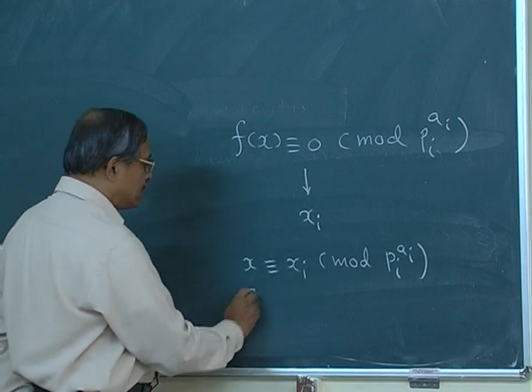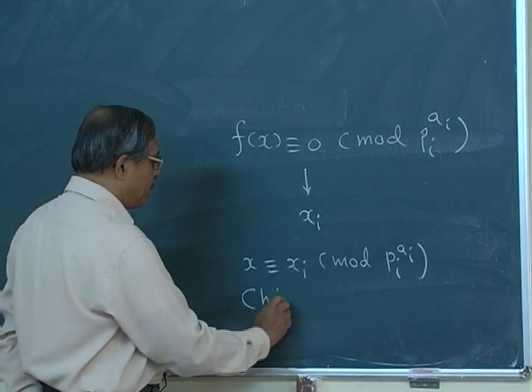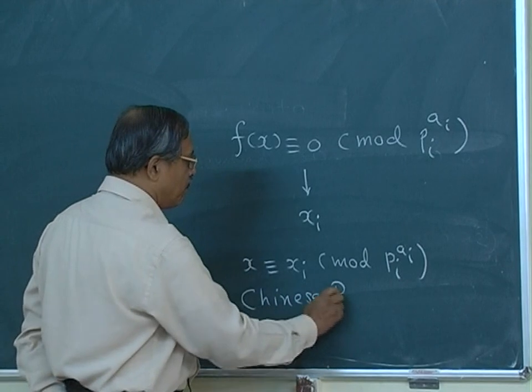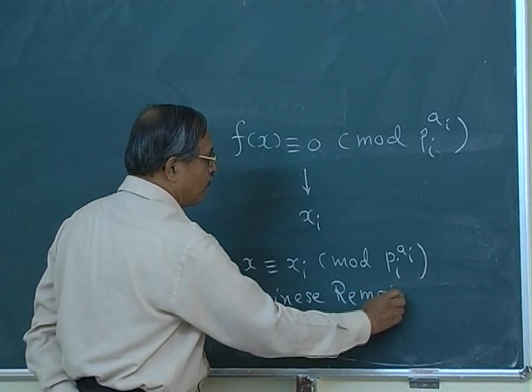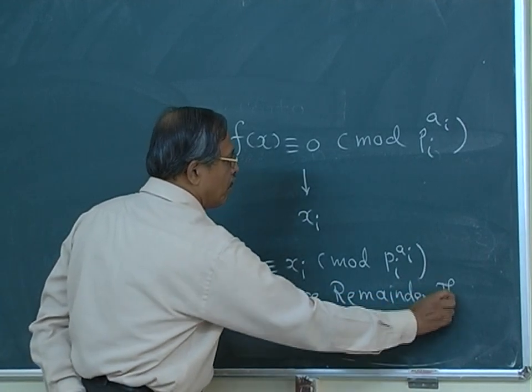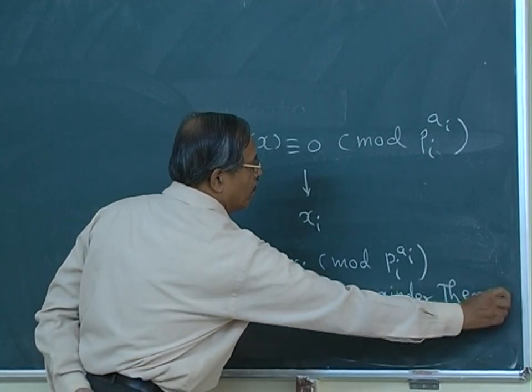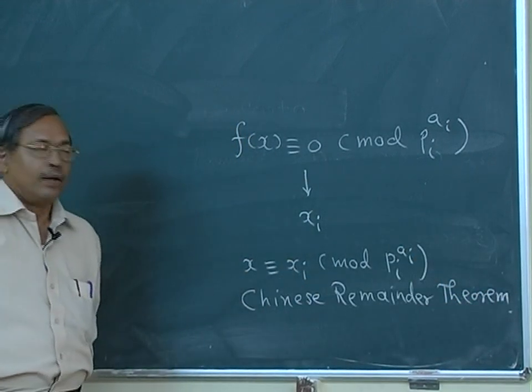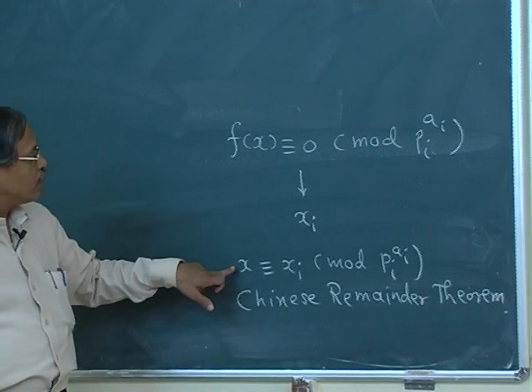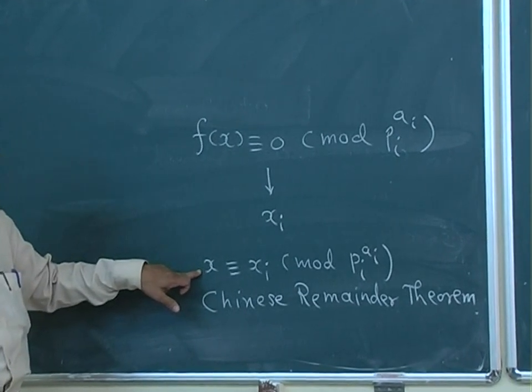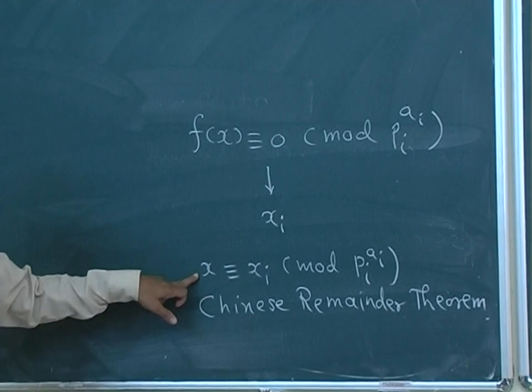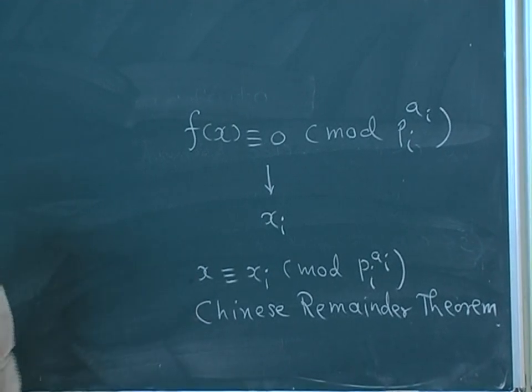So this is by Chinese remainder theorem. Then this common solution is automatically a solution of f(x) congruent to 0 mod m.